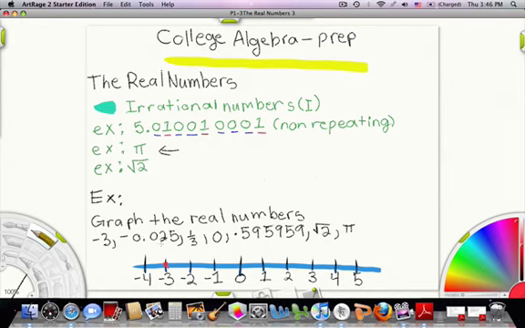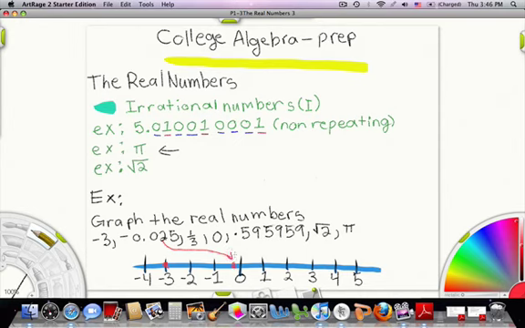And also this -0.025 is also an integer, and let's graph that. It's like roughly about here. And remember, these are all coordinates, so -0.025 is right here. I'll draw a little arrow so that we know.